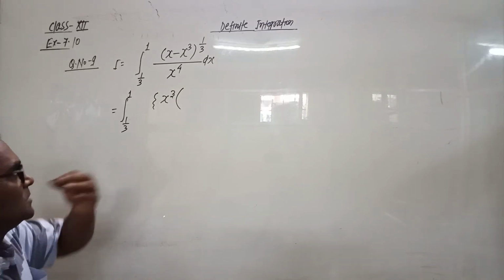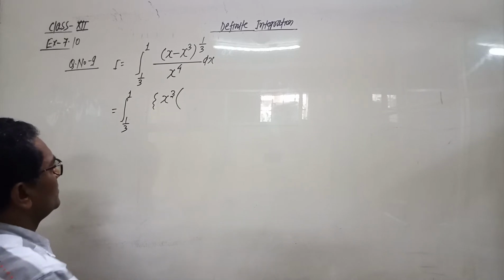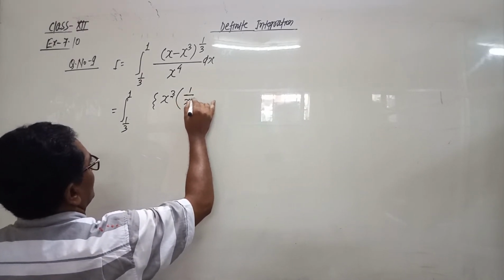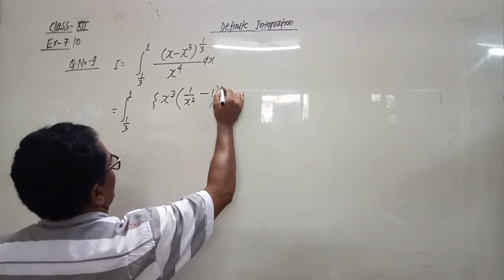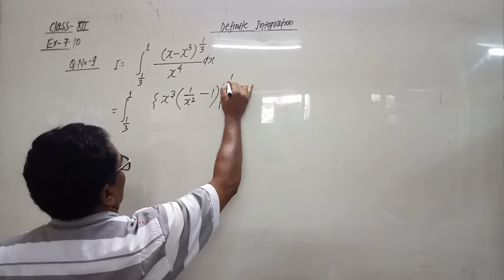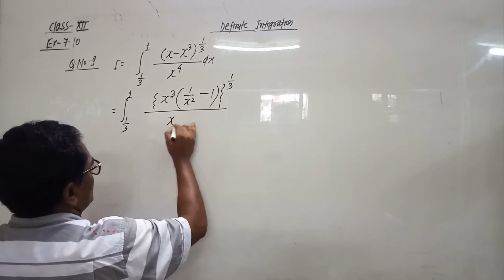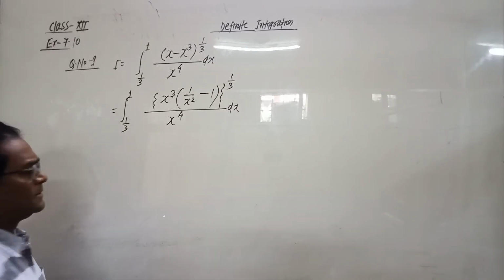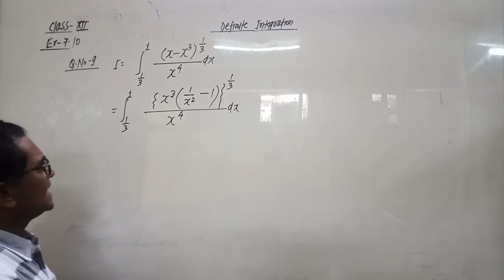So x divided by x cube we get 1 by x square, and minus 1, and whole raised to the power 1 by 3 upon x raised to the power 4 and dx. We have taken x cube as common inside the bracket.